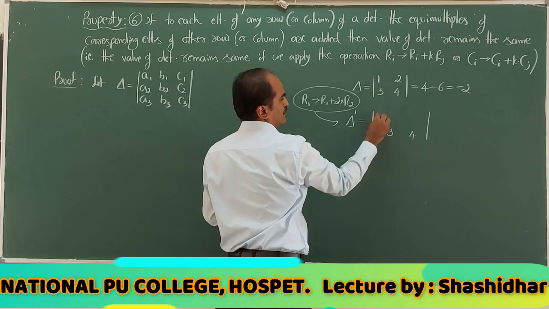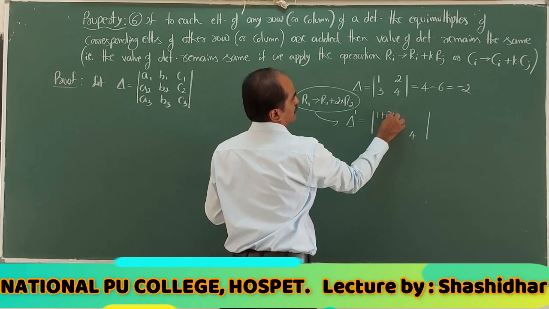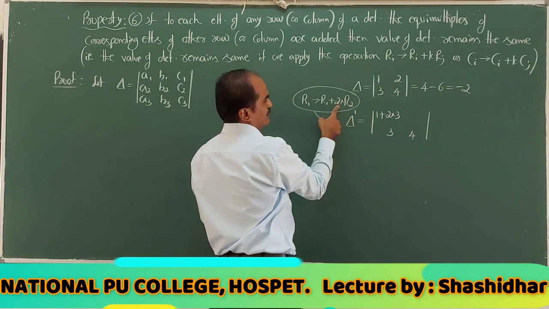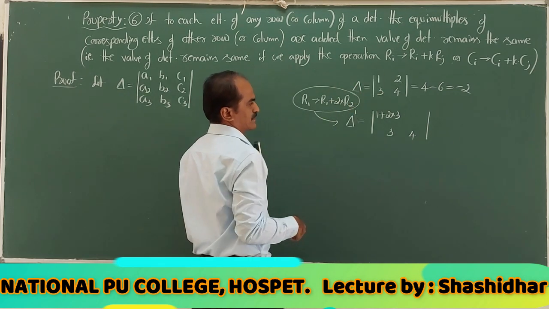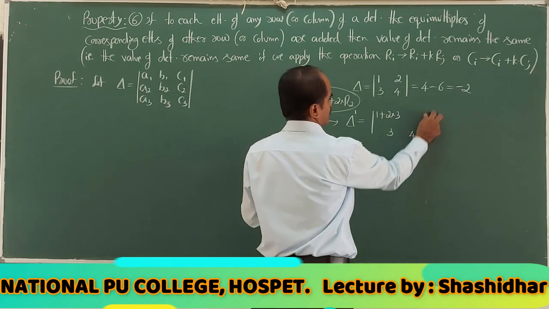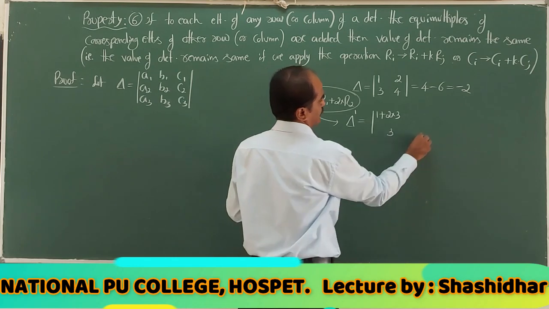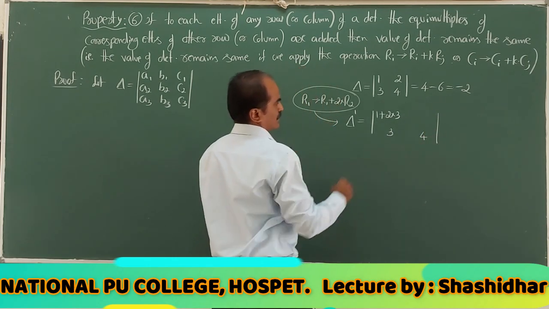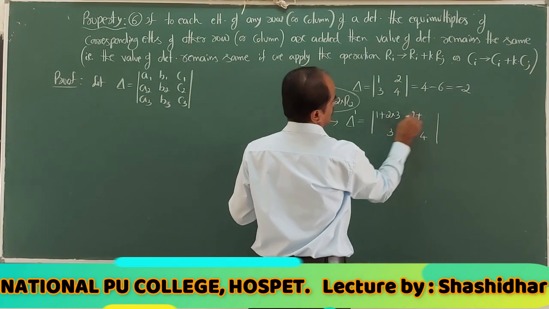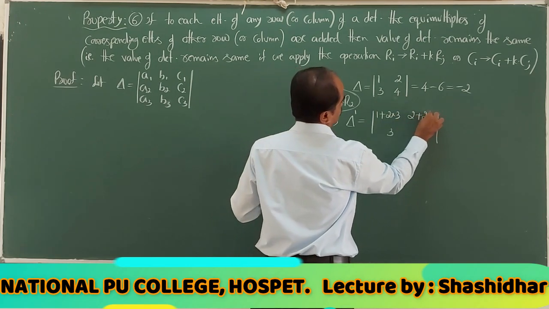So 1 plus 2 into 3. I multiply 3 with 2, adding it to the first element. Similarly, the next element becomes 2 plus 2 into 4.